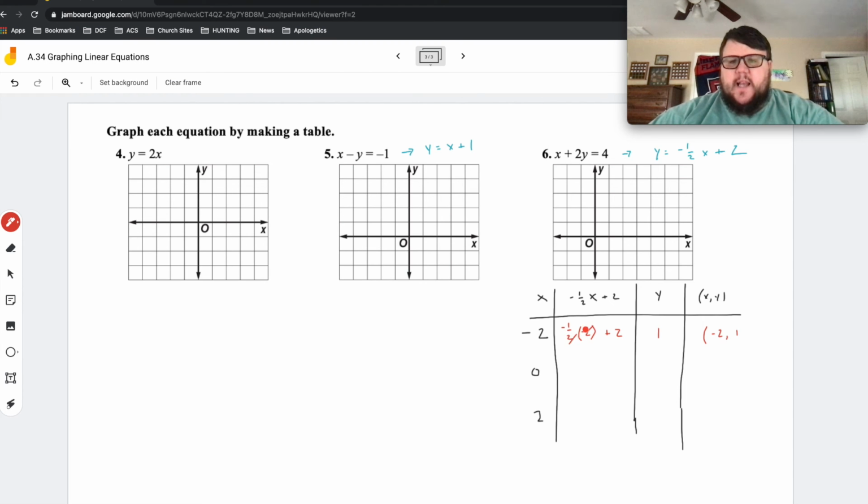So the 2's cancel out, and I get -1 times -1, which is 1. 1 plus 2 is 3. So my point is not -2, 1. My point is -2, 3. And that is right. -2, 3.